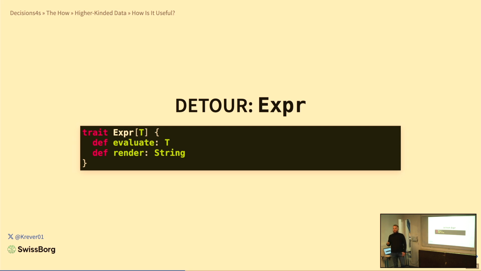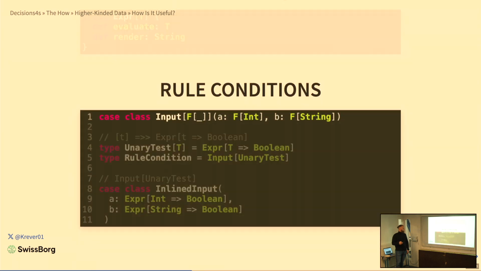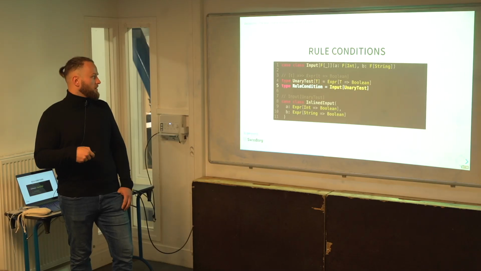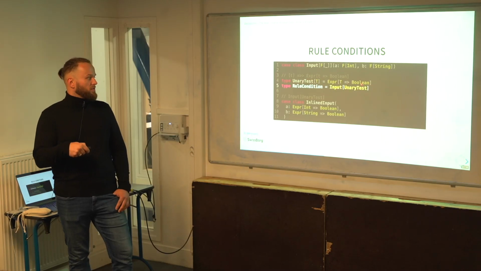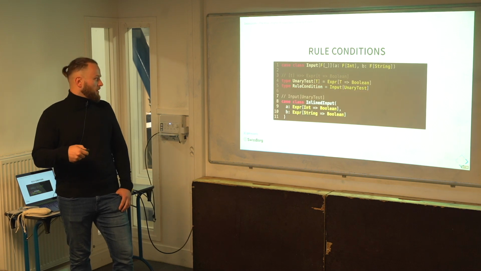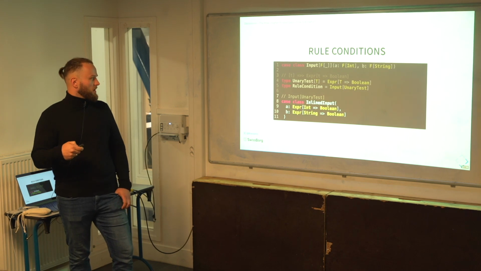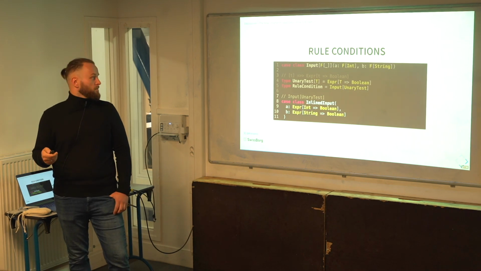As simple as it can get to be able to visualize the logic. So now we have our input. We say that an expression producing a function from T to Boolean is just a unary test. And the rule condition is the input filled with unary tests. That's how it looks if you inlined it, just to make it a bit more tangible.